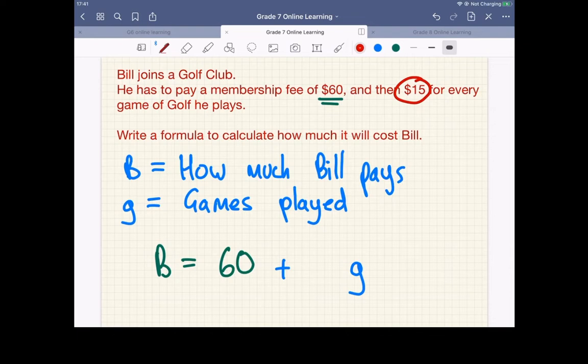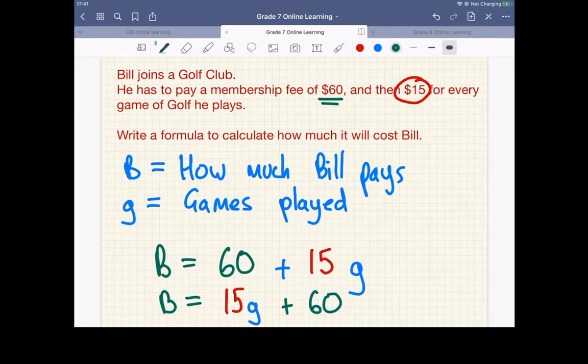So I know I'm going to have to do 15 multiplied by the number of games he plays, which is g. So I say, well, if I do 15g, 15 times number of games played, that's going to give me the cost. I could have also written this as B is equal to $15 per game plus $60 membership fee.